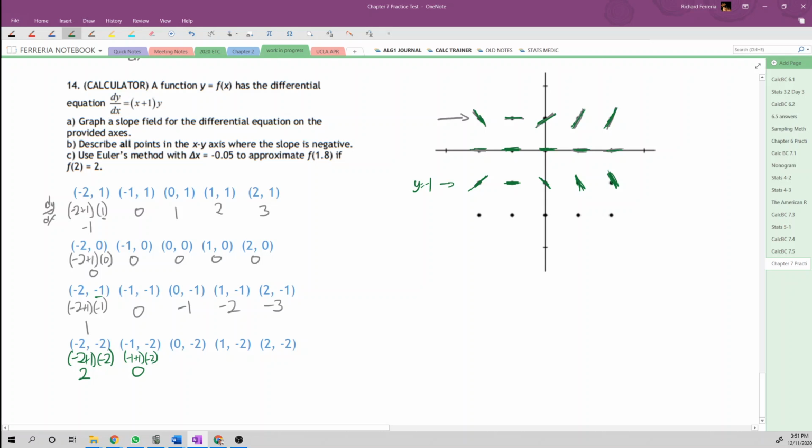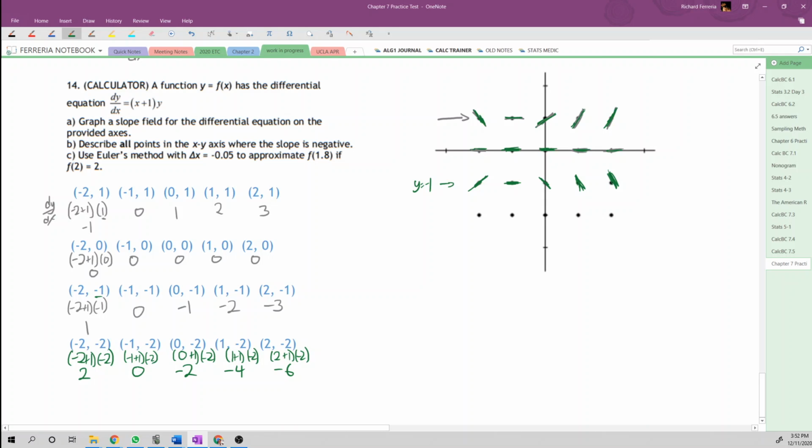Obviously that's 0. Over here we've got (0 + 1) multiplied by -2. So that's a -2. And if you see the pattern here, 2, 0, -2. Probably the next one's going to be -4. So (1 + 1) multiplied by -2, yeah, that's -4. And this one should be -6. Yes, it's going to be -6.